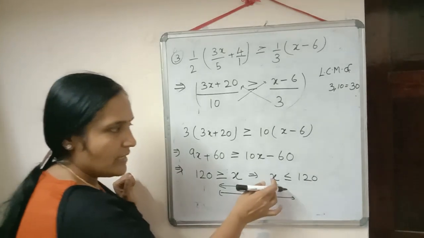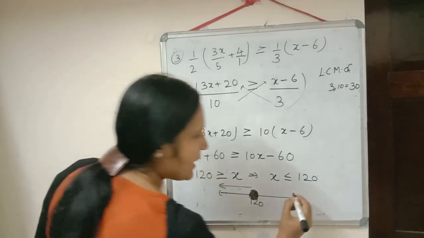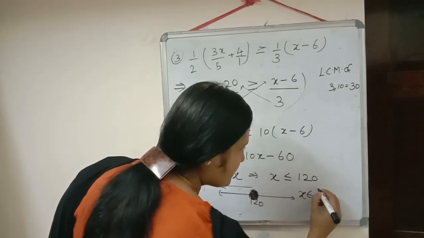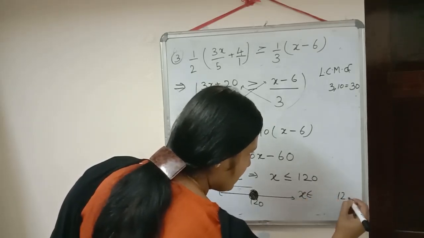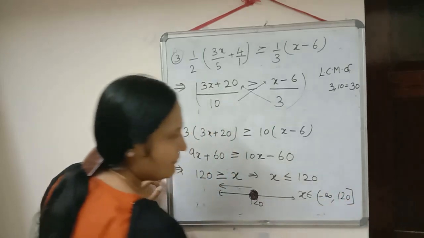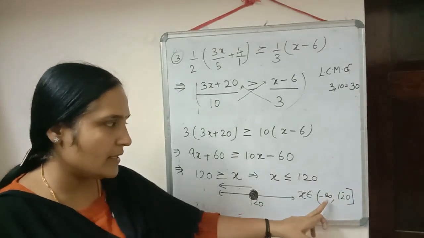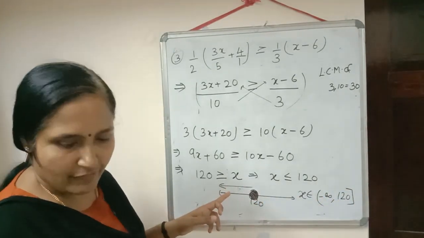So x will take all the values less than or equal to 120. We are moving to the negative side, so x belongs to 120 to minus infinity, where infinity is always open and 120 is closed.